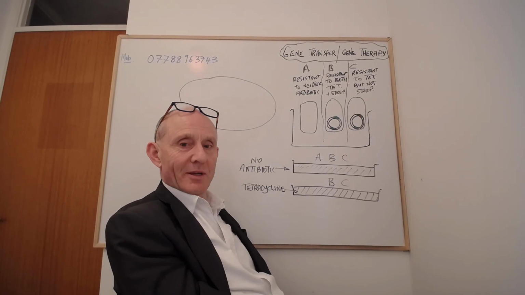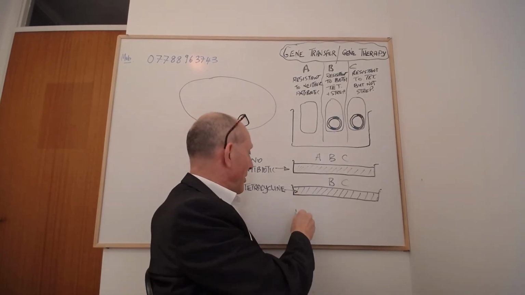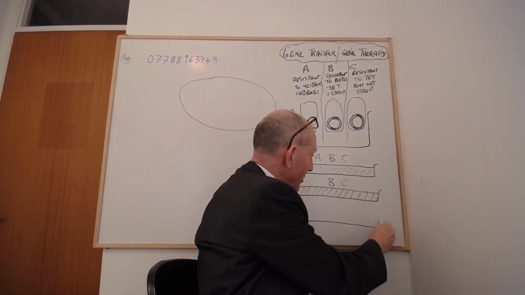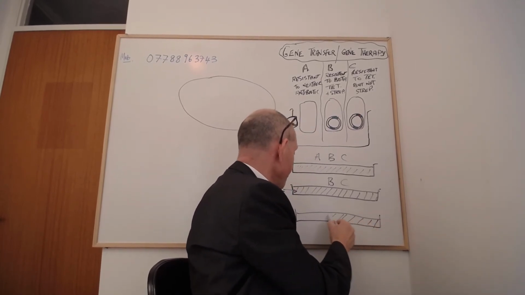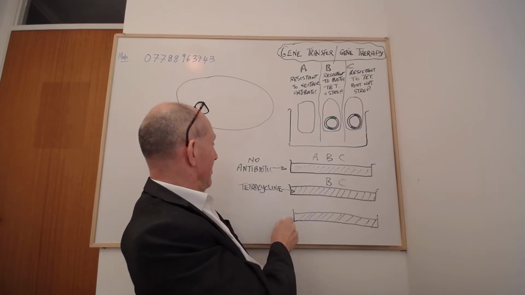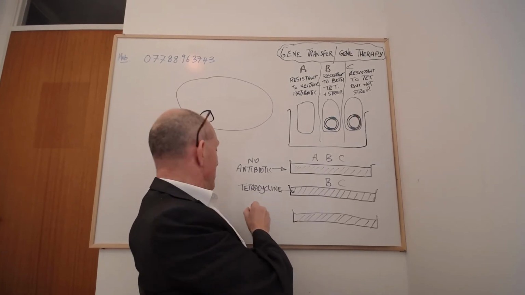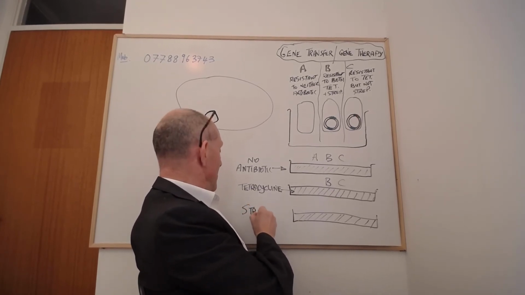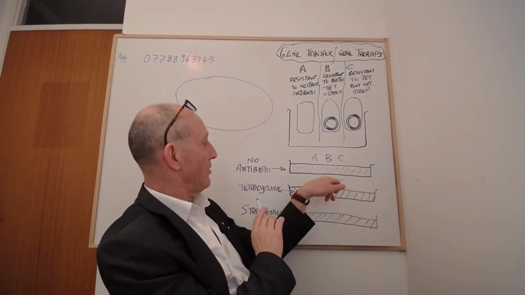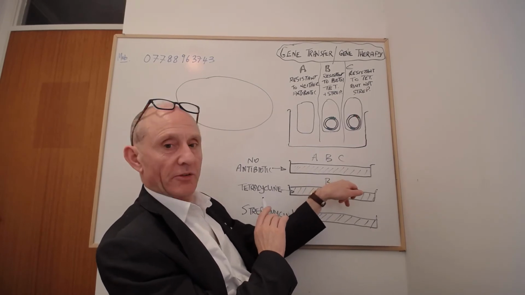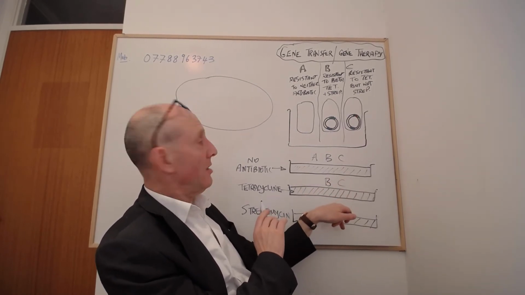Okay. And then here's what we do, prepare a third petri dish. Agar in it as well. And into this dish we put streptomycin antibiotic. And once again we transfer bacteria from this dish to this dish.